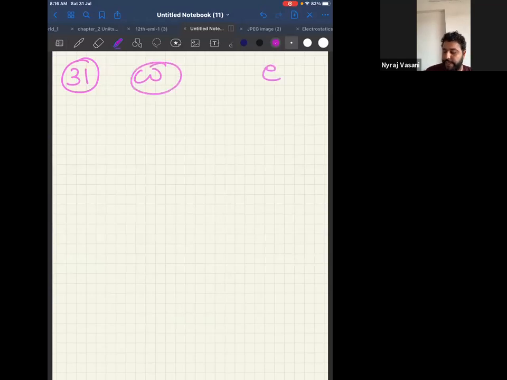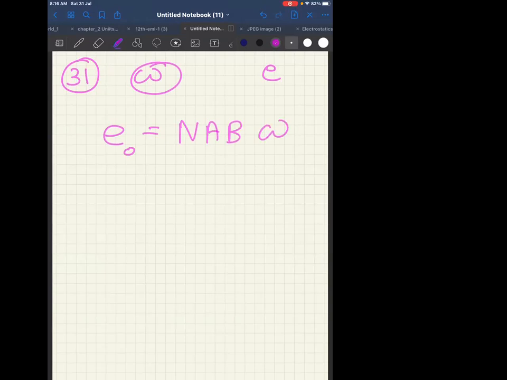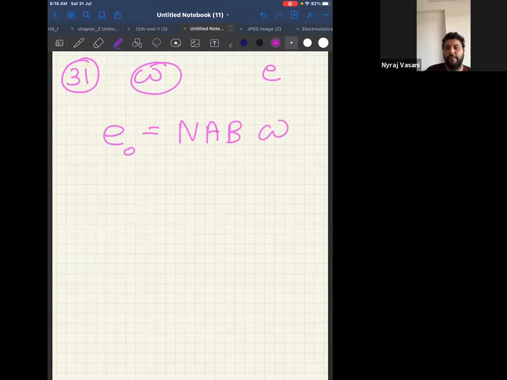What happens to E? Now, I told you one formula in a dynamo. Remember yesterday we did this formula? Yes, sir. Maximum EMF is equal to NAB omega. Therefore, from here, can I conclude that E naught, the maximum EMF, is directly proportional to omega?